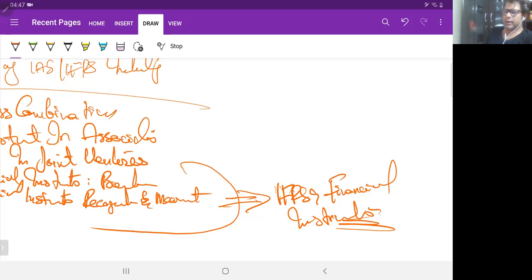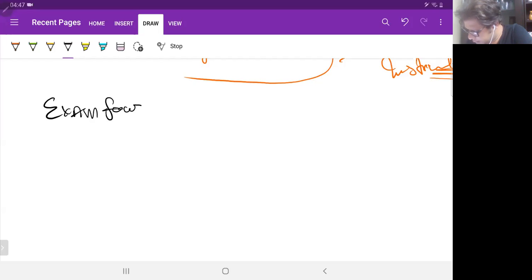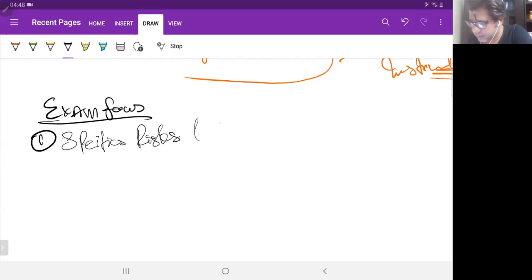That could be your question number one, right? So, what can be exam focus points now? Number one, specific risk at planning stage, right?